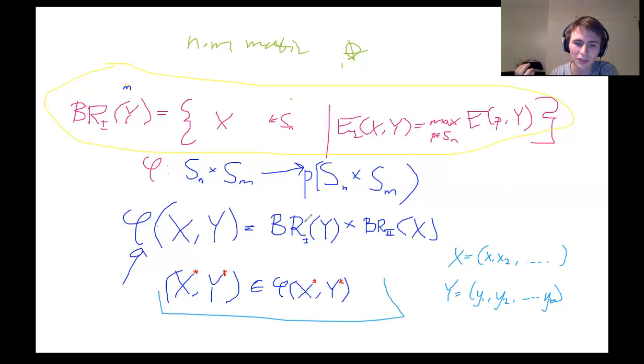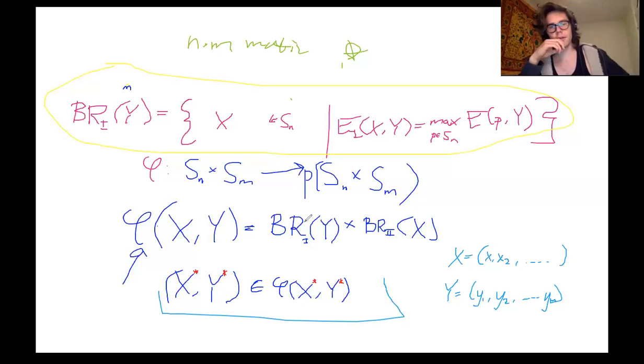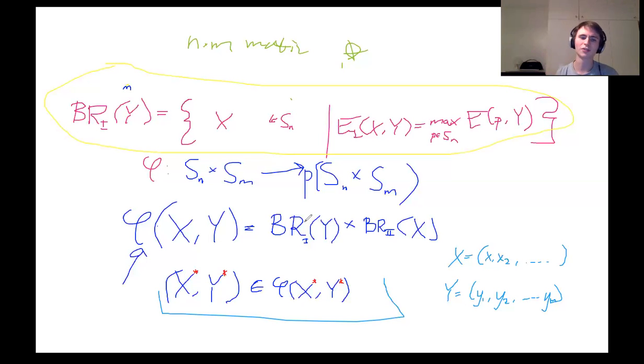Or is there a best response of x and a best response of y? So maybe I don't understand the output of phi.